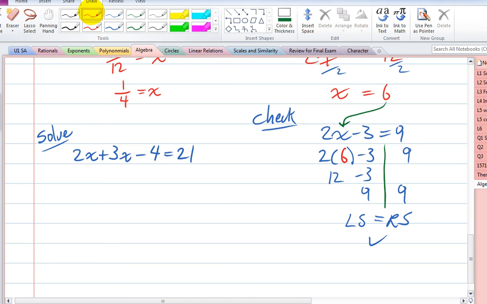How many x's do you have altogether? 2 and 3, 5x. So for this question, you need to collect like terms first. So it's a bit of an exception to what we've done all along. Now, does it look any different than what we've done? No. Go ahead and solve this. Go.